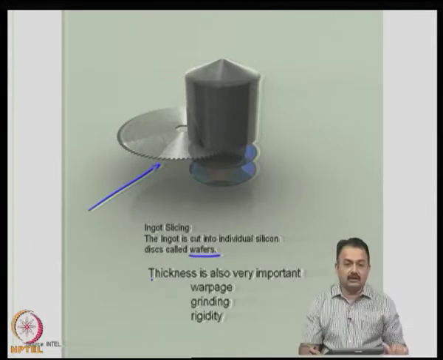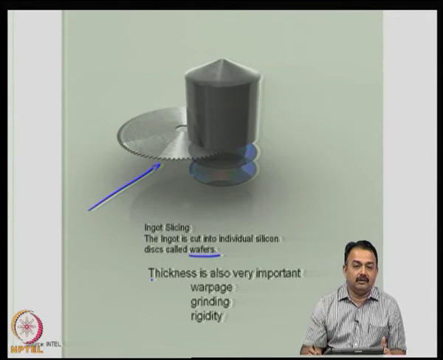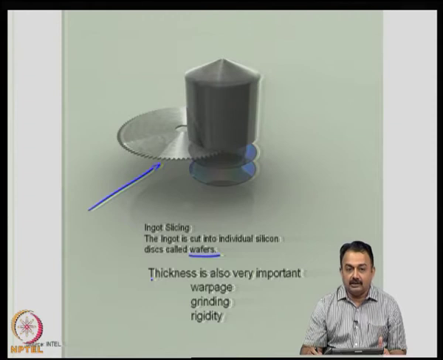Thickness initially is very important, because if you start with a very thin wafer, there can be warpage during the process. In some cases the dies that you have generated can undergo some dimensional change because of continuous warpage.